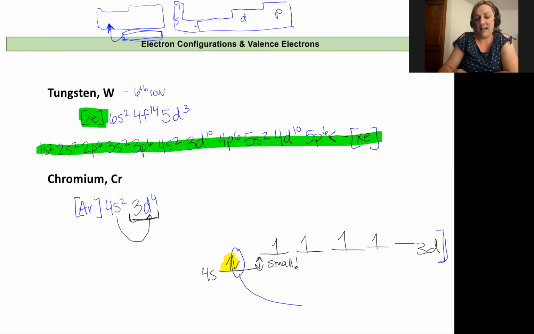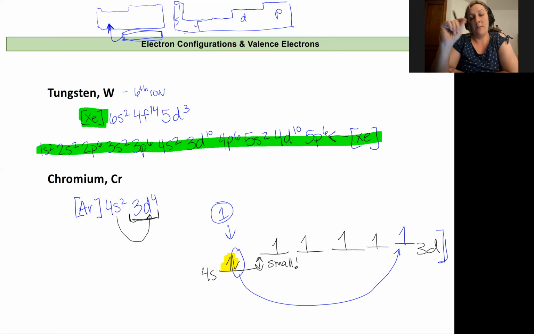And so it's actually energetically favorable to have our d electrons half filled and then have our s orbital with only one electron in it. And so whenever we are just one away from our half-filled orbitals or our full orbitals, it's very likely that we'll see this kind of exception to how we do electron configurations.